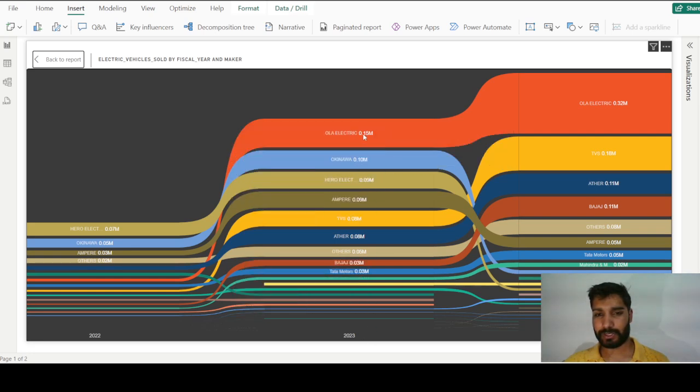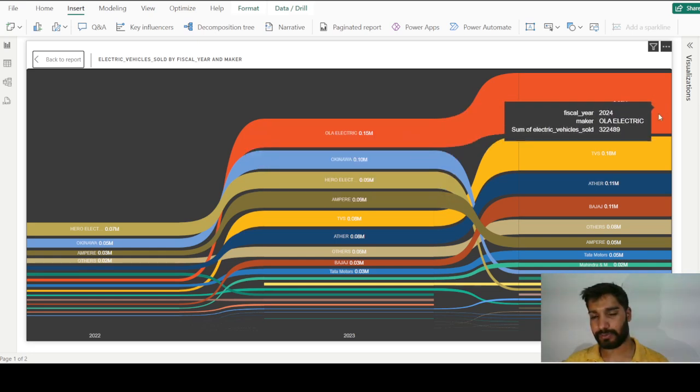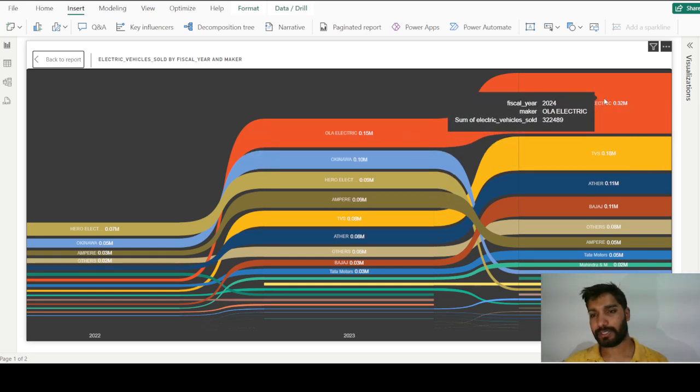In 2023 it did 0.15 million in two-wheeler sales, and then in 2024 it is on first rank. That is good growth compared to all other makers, and it is doing 0.32 million in the electrical vehicle market.